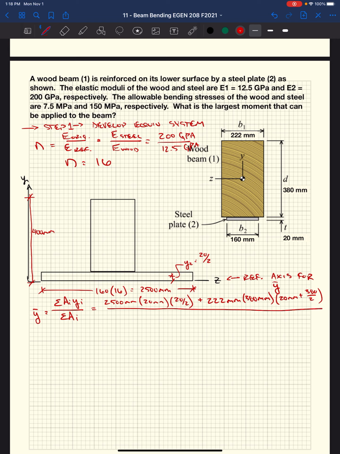Divide all of that by the summation of the areas, or 2,500 times 20 plus 222 times 380. So we get a Y bar equal to 134 millimeters. I hope.